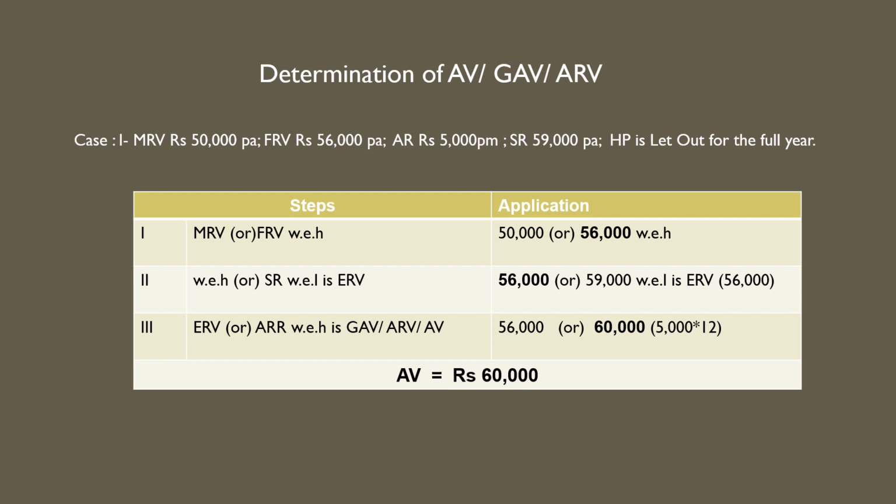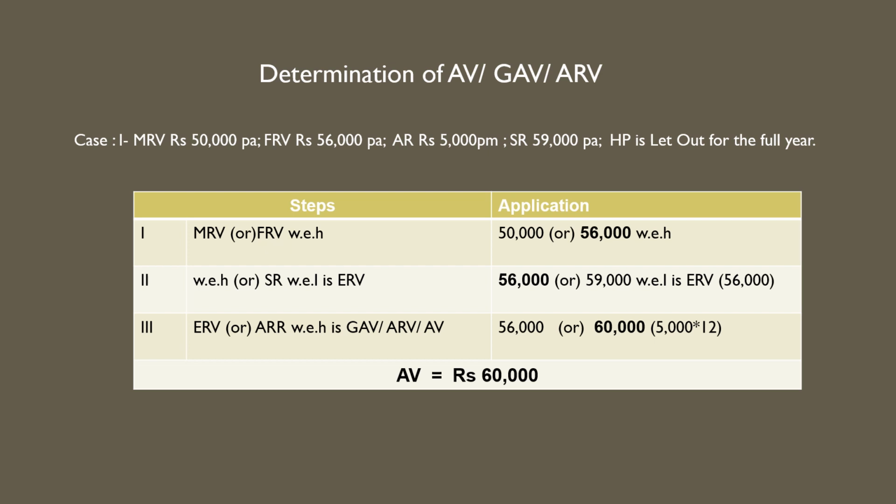So in this case, 56,000, that is FRV, is the higher amount. This higher amount is compared with the standard rent, which is 59,000. The amount which is lesser, that is 56,000, will be the ERV.